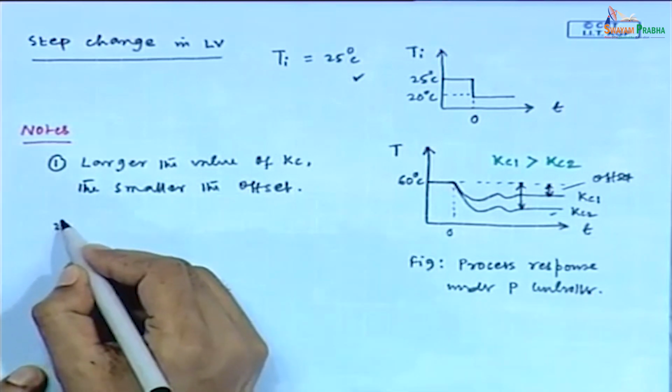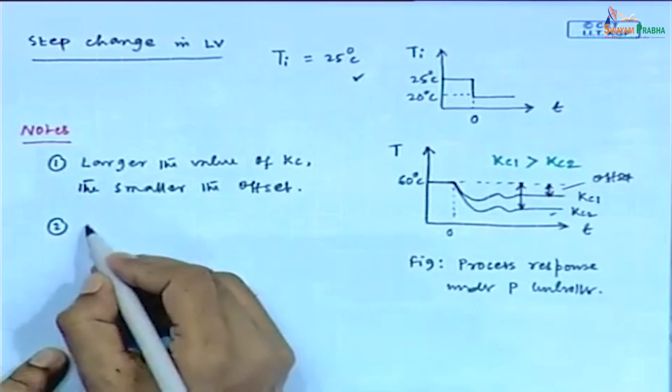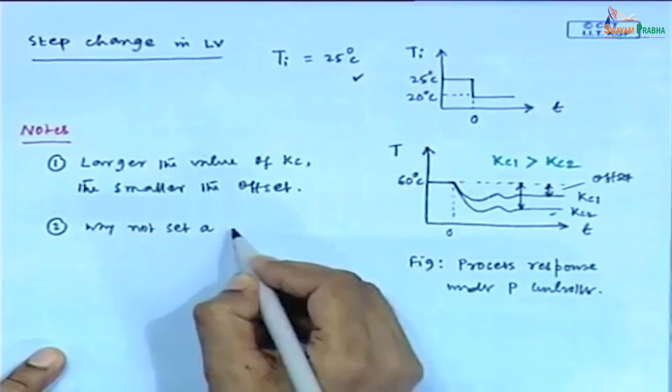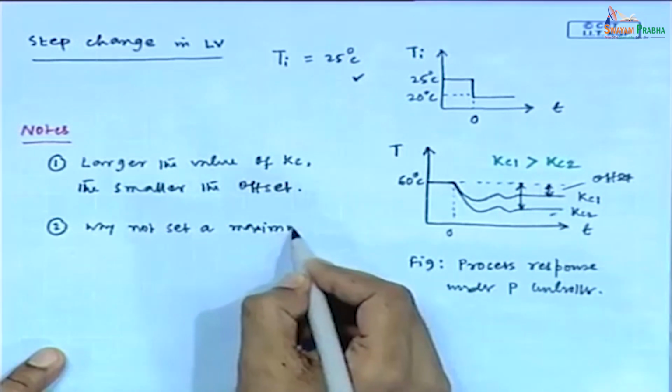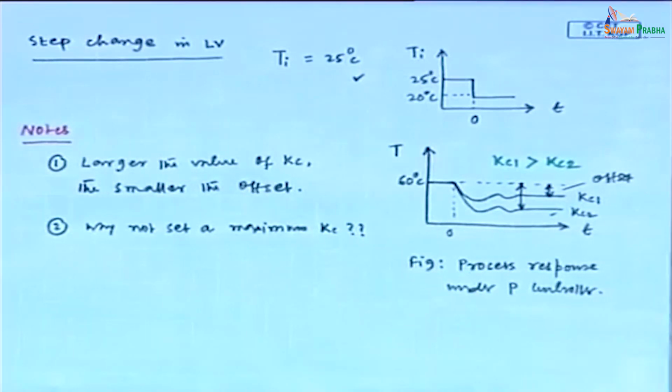Now, if this is the conclusion, I mean the larger the value of Kc, the smaller the offset, then why not set a maximum gain? Immediately one question arises, why not set a maximum gain? For most of the processes there is a maximum value of Kc, there is a limit of Kc.